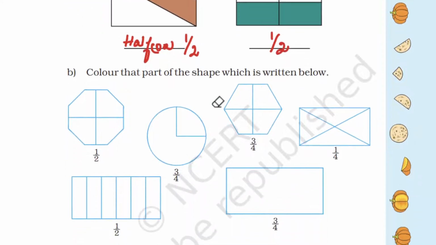Next. Color the part of the shape which is written below. So first we have half. So let's color half of the portion. I'm coloring half of the portion here. So next is 3/4. Let me change the color.